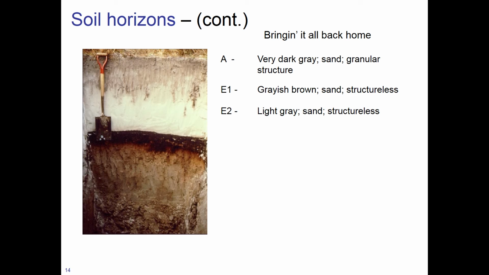An E2 horizon, light gray sand texture and structureless. Note that when I have a subdivision of a master horizon, I just use Arabic numerals to make the distinction. In this case, the upper part of the E is a little less light than the lower part of the E, so this is split into an E1 and E2 horizon vertically.